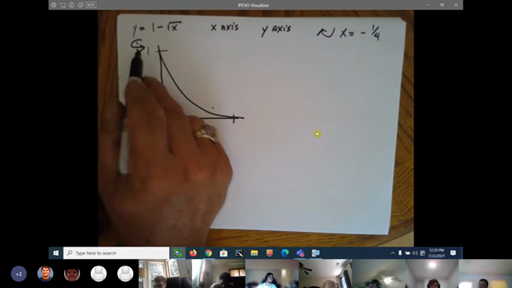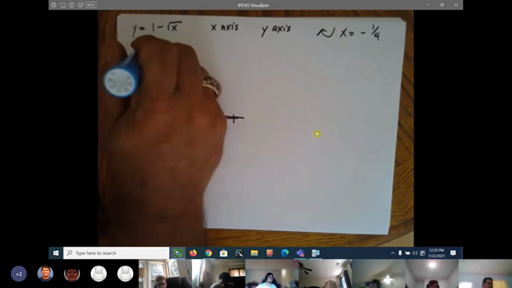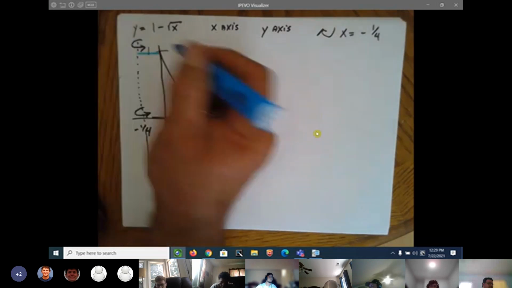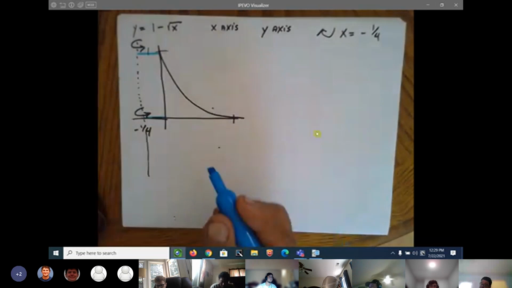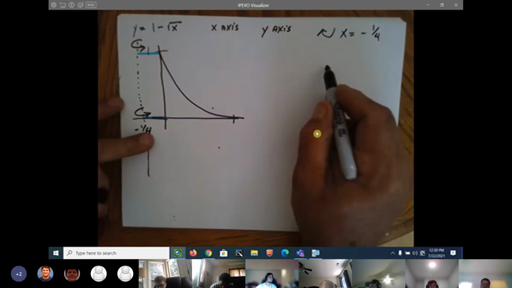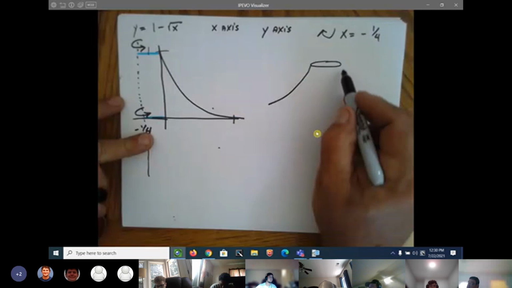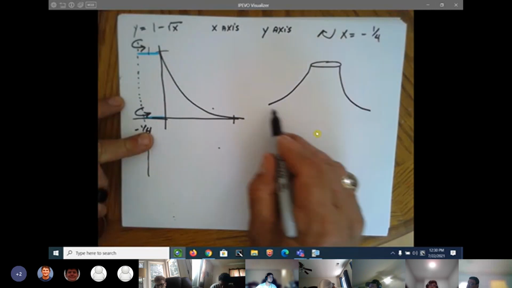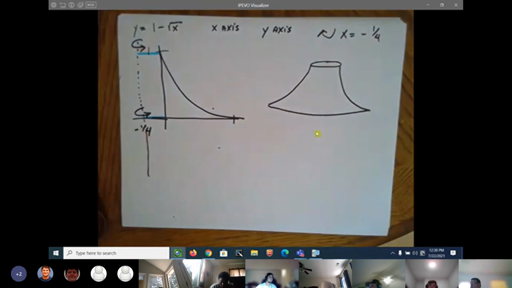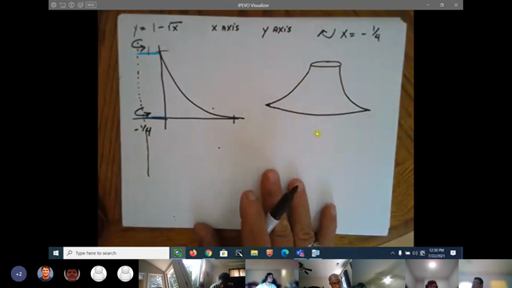So since we've got something that looks like this, that's going to be a hole. That's going to be a hole. So it looks kind of like a volcano looking thing. Does something look like that?